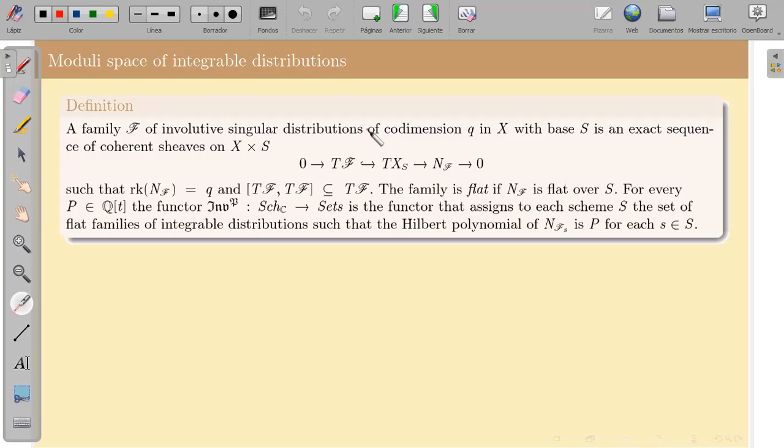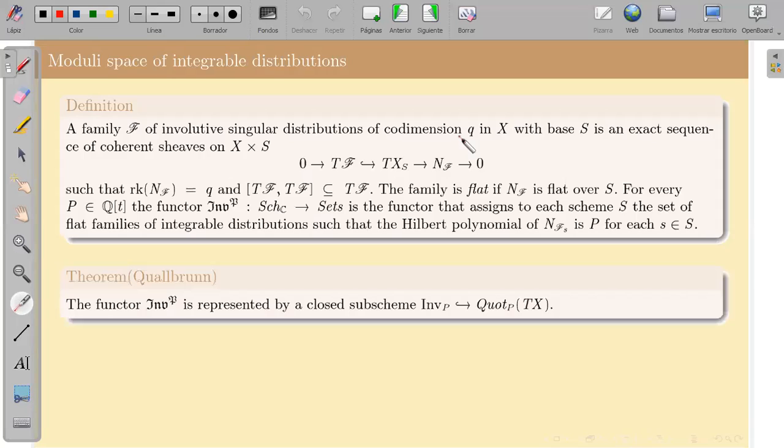And if we fix a polynomial P, we can also require that the normal sheaf has Hilbert polynomial P in each fiber over S. So we just defined a subfunctor of the corresponding Quot scheme of the tangent sheaf of X. So it would be reasonable that this functor would be represented by a subscheme, and this is true by a theorem of Grothendieck.